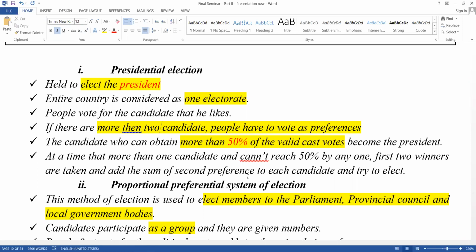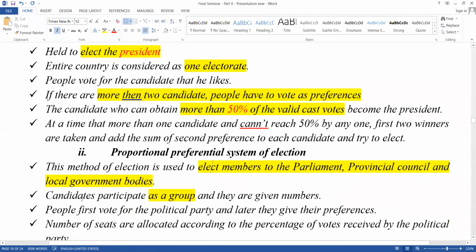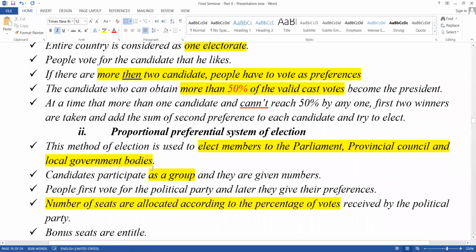A proportional preferential system of election is used to elect members to the parliament, provincial councils, and local government bodies. They were using this one. Normally, a group of candidates participate according to the political parties, and the number of seats is allocated according to the percentage of votes that each political party receives.